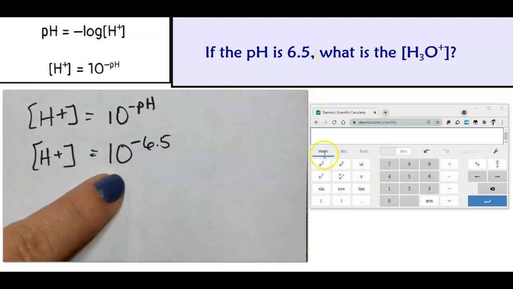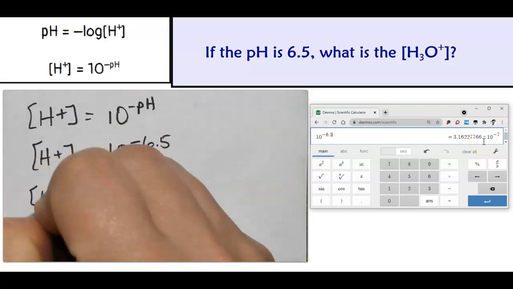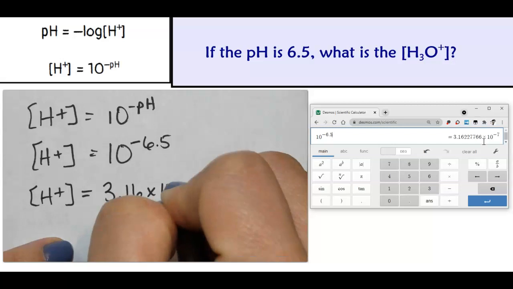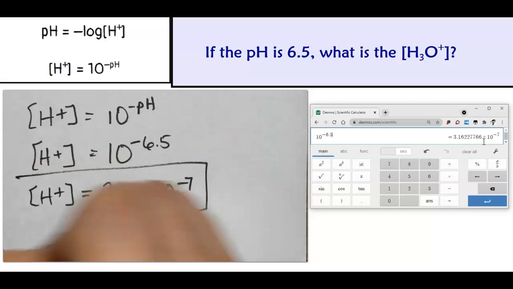And so now I'll just type this into my calculator, and it's going to be 10 raised to the negative 6.5, and then we get our answer. The hydrogen concentration, or hydronium, is 3.16 times 10 to the negative 7.